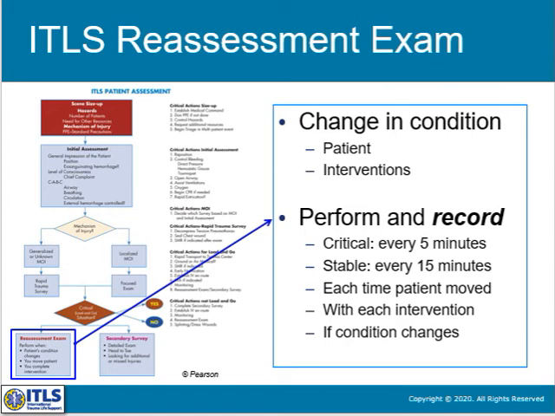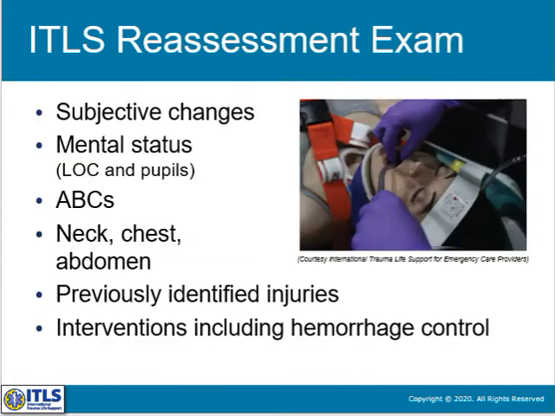Each time the patient moves, they get reassessed as well, especially if they have an airway, and with each intervention. And obviously they get reassessed if anything changes. These things are all being reassessed, and if there's ever a variation in any of them, they get reassessed again.